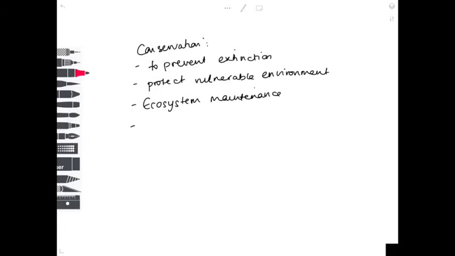Our nutrients are cycled appropriately within the carbon and nitrogen cycles, for example. And lastly, remember, we get loads of our pharmaceutical drugs from our forests, from our tropical rainforests. If we cut them all down, we're not actually going to be able to produce our drugs that we need. Similarly, food and also our fuels, because remember, biofuels come from cutting down trees. So we'll just call that generally resource provision.